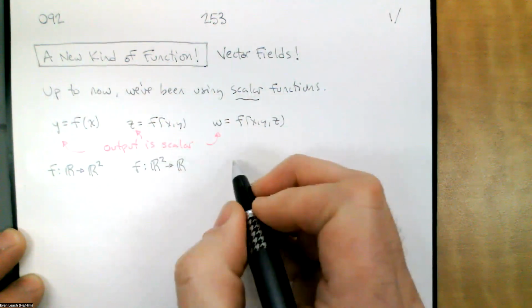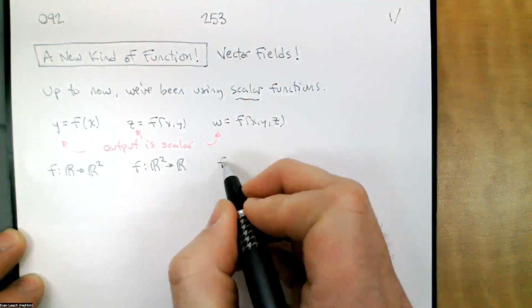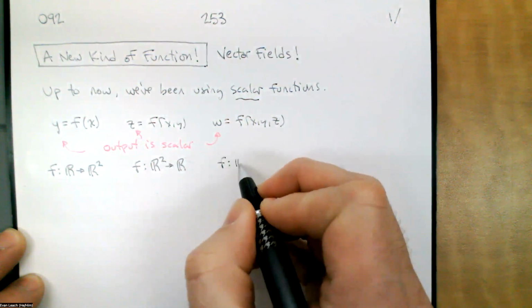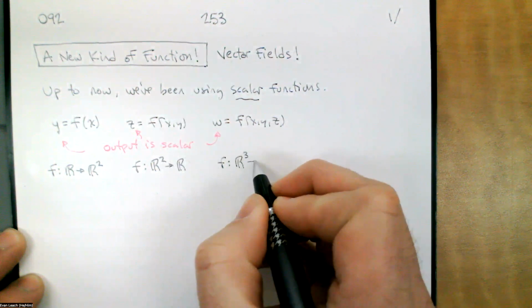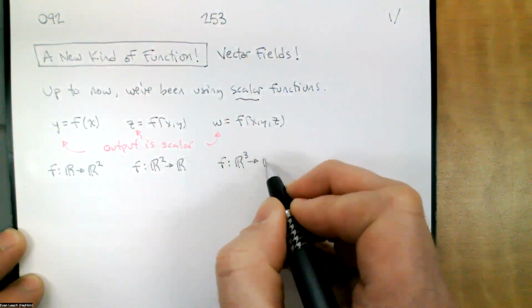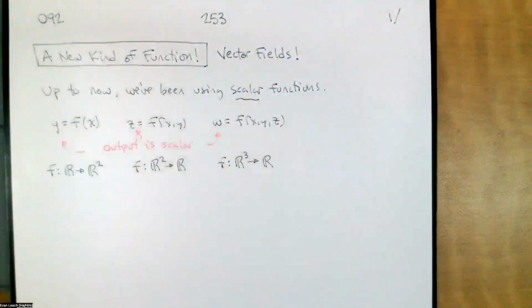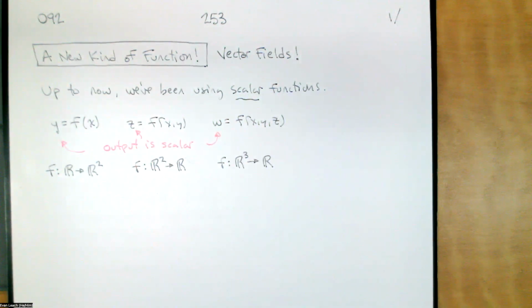For f of x, y, and z, our function has as a domain R3 and as a codomain the real numbers. The output is just a scalar. The codomain is R.